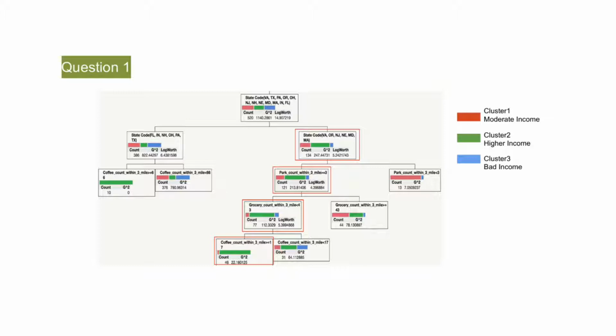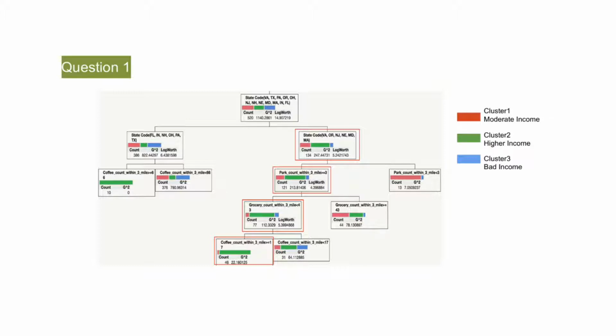Meanwhile, the restaurants with the park count within 3 miles bigger than or equal to 3 have better performance. Also, the number of grocery stores within 3 miles smaller than 43 have higher income score. Besides, the number of coffee shops within 3 miles bigger than or equal to 17 will help to increase the income score of restaurants.